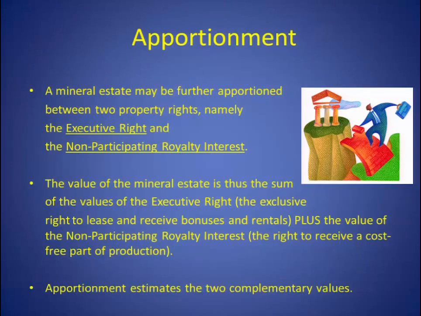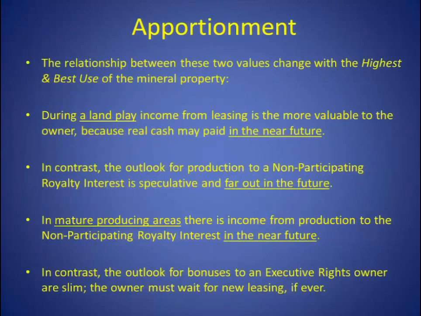So basically, apportionment is going one step backwards and estimating those two complementary values. That value relationship changes with the highest and best use. During the early land play, it's obvious that income from leasing is more realistic because you can get that in the near future.